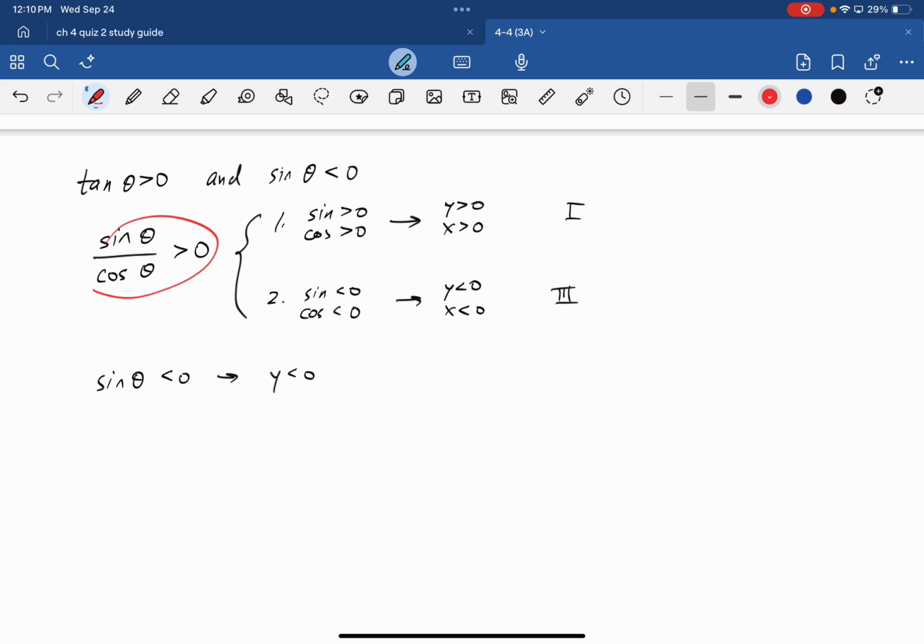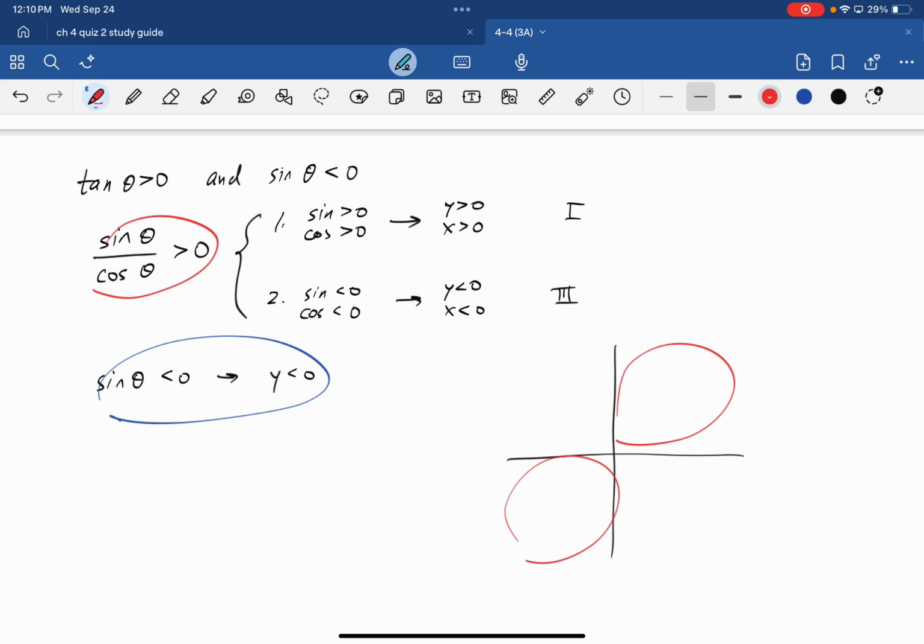So this is our red condition and this is our blue condition. Then if we draw the axes, in order for tangent to be greater than 0, we must be here or here. In order for sine to be less than 0, we must be here. So the answer is quadrant 3.